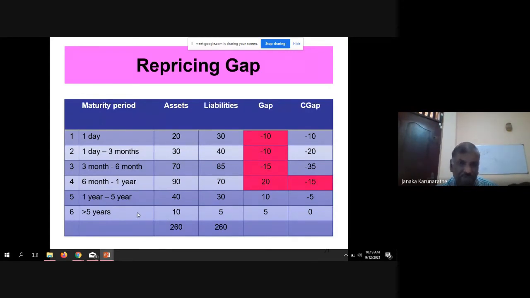We can compute the gap beyond that, but it is significant up to about 1 year, because more than 1 year is very difficult to predict, and there is no point discussing it since changes can take place every time. So the ideal scenario is a maximum 1 year repricing gap.